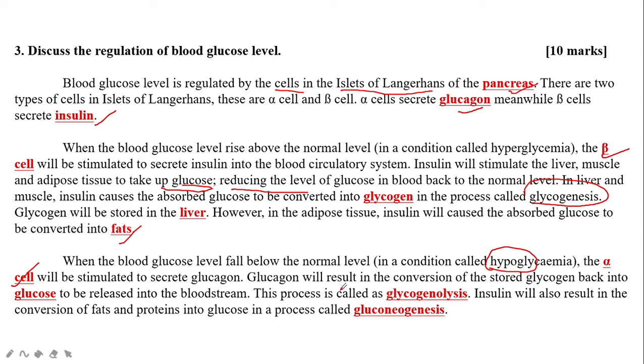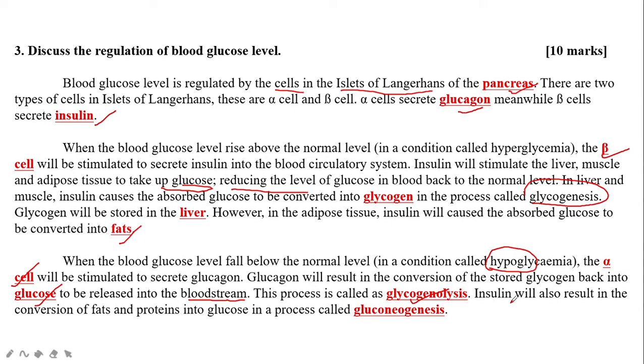So glucagon will result in the conversion of the stored glycogen back into glucose. So this glucose will be released into the bloodstream. So the process of conversion of glycogen into glucose is glycogenolysis.